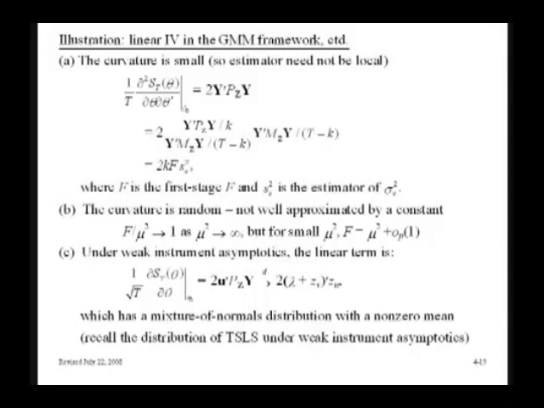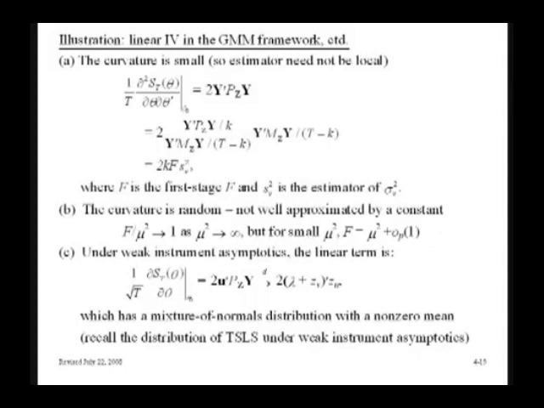First of all, the curvature, this thing here, is small. Well, what is this? This is Y prime P_Z Y. Well, that should ring a bell. It turns out the curvature in the two-stage least squares objective function in this GMM framework is proportional to the first-stage F statistic. All right, so that's that first-stage F statistic showing up again.